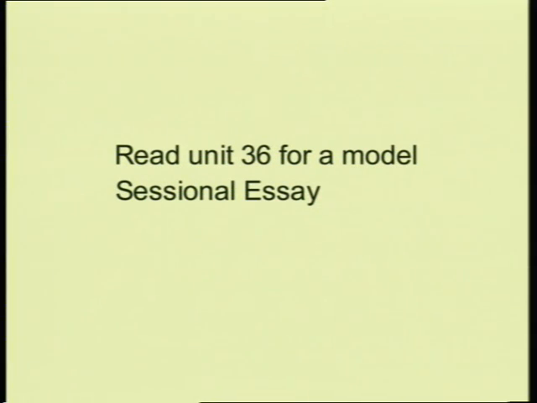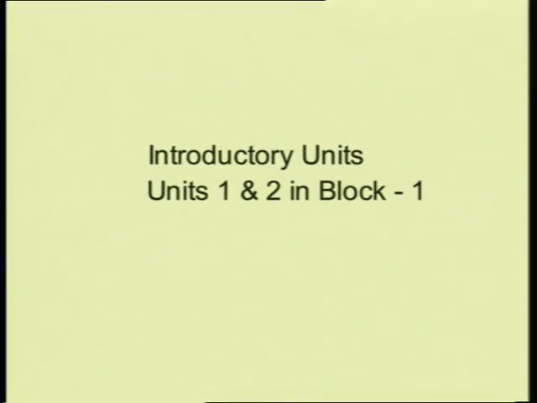Thereafter, think about the term, about your sessional essays and the term and examination questions. When you bear that in mind, then come over to unit 1 and then to unit 2.